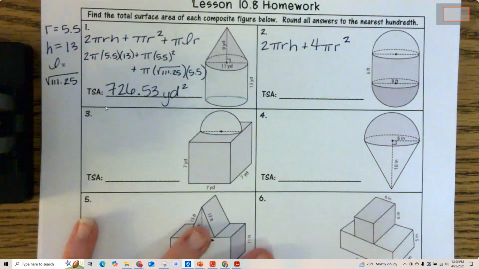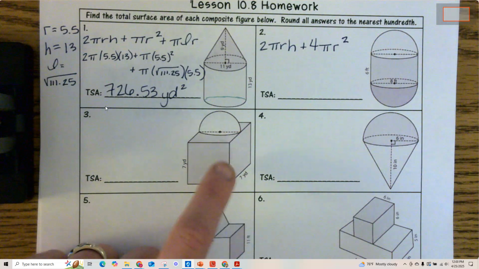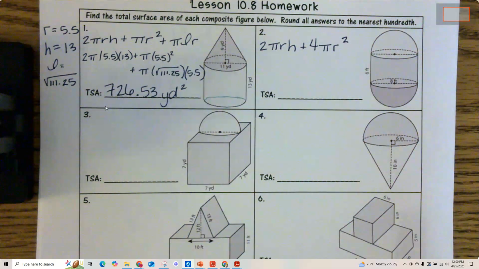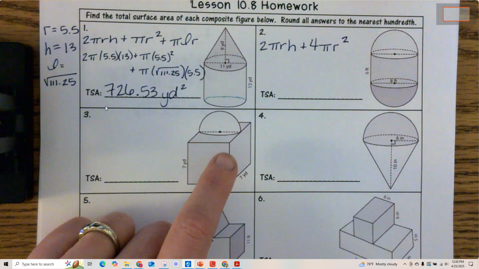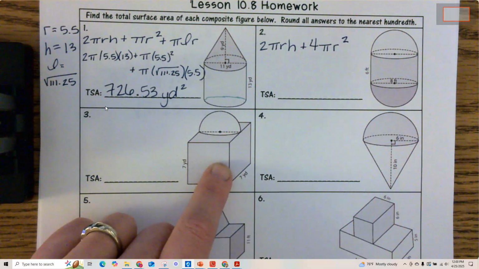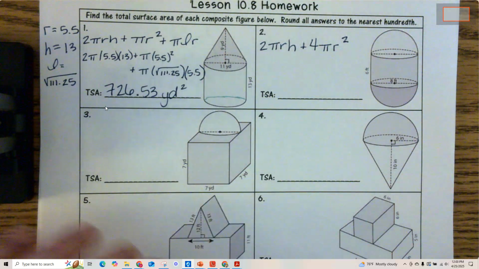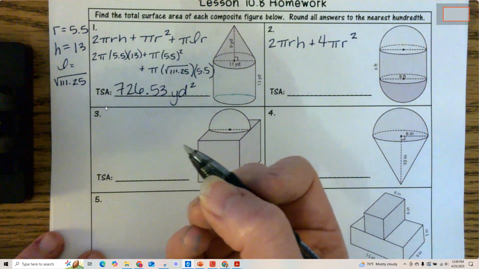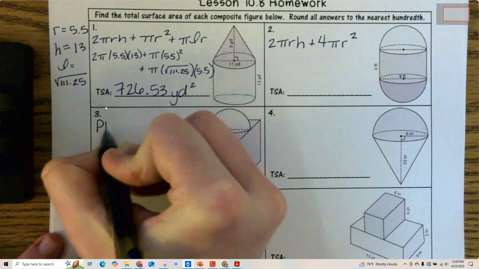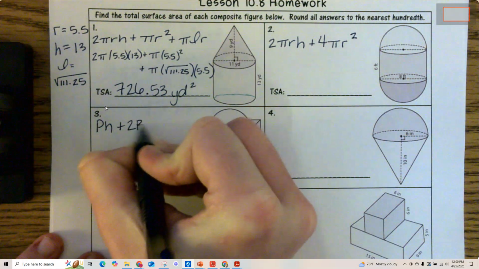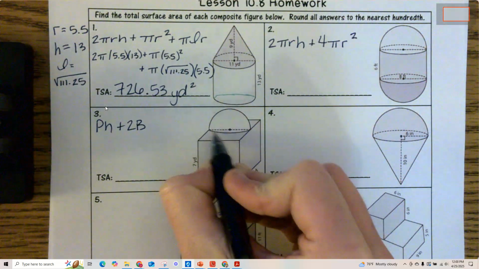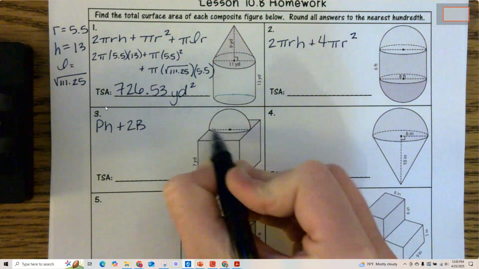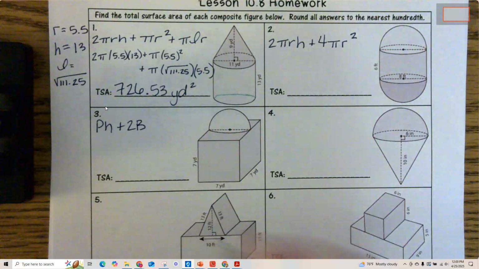Okay, square shapes. They can be deceiving. Okay? If I wrap this square, it's perimeter times height plus 2 big B. Perimeter times height plus 2 big B. But where the bottom of that hemisphere is sitting, I wouldn't put any paper there.